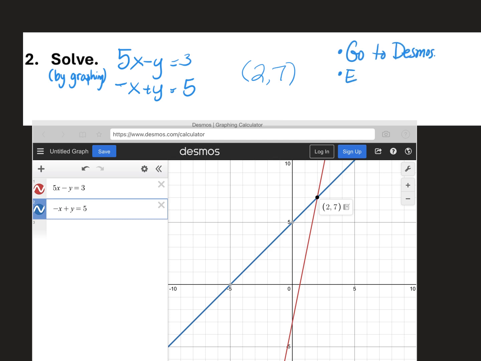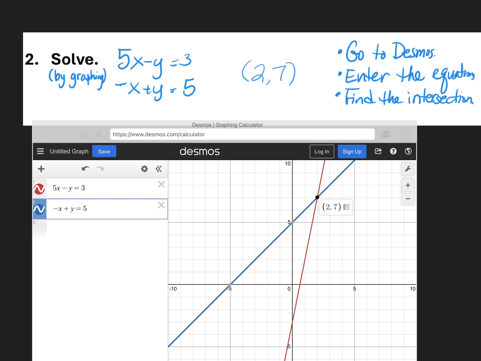enter the two equations, or more. Enter the equations, find the intersection. That's all you have to do. And I will tell you on the SAT, that's all I would do. I would type my equations.